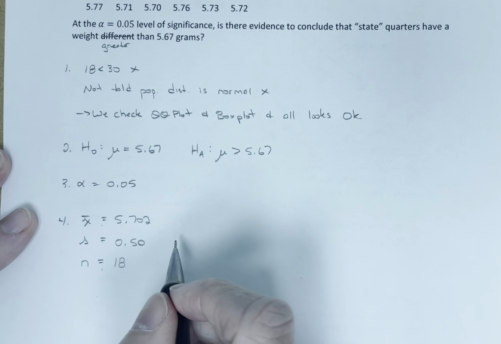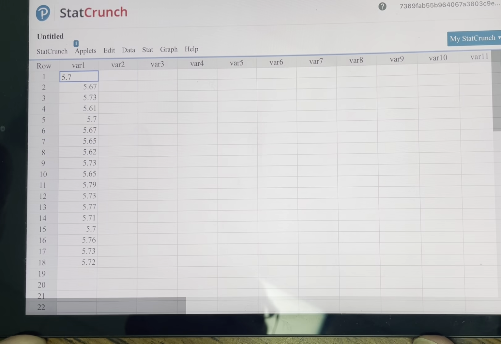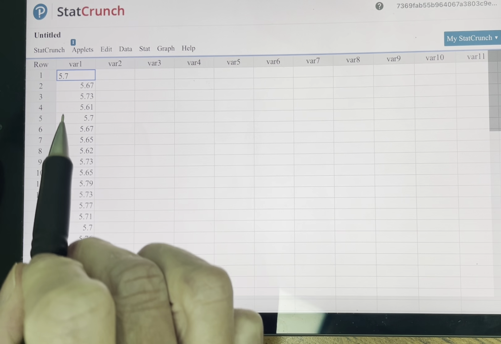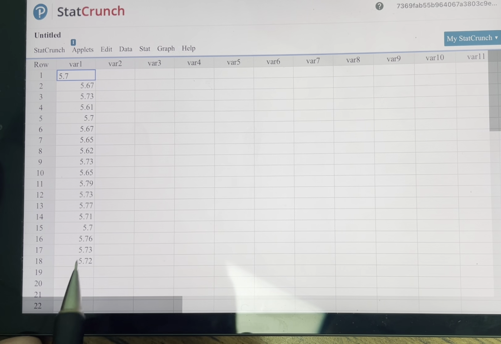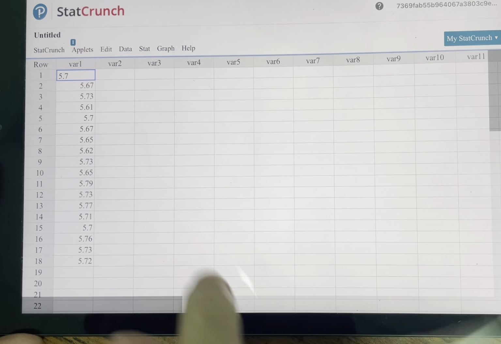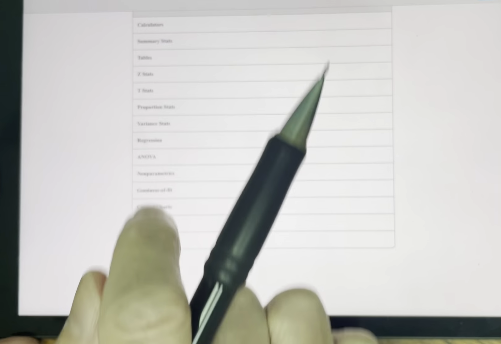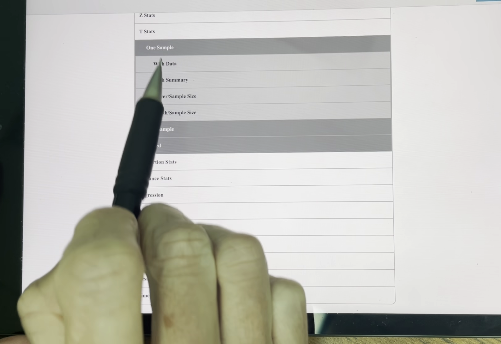Okay, so let's go in and you'll see what I'm talking about. Here is the data put in, and here are the 18 weights of the quarters to the nearest hundredth of a gram. We're going to go into Stat, then T Stats, one sample.